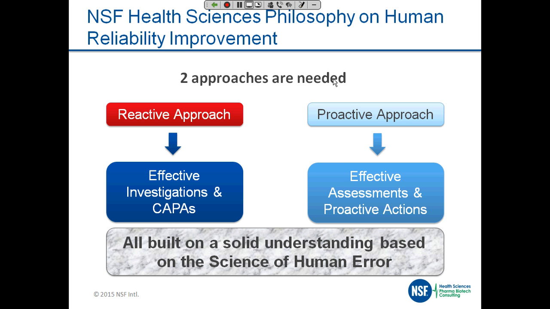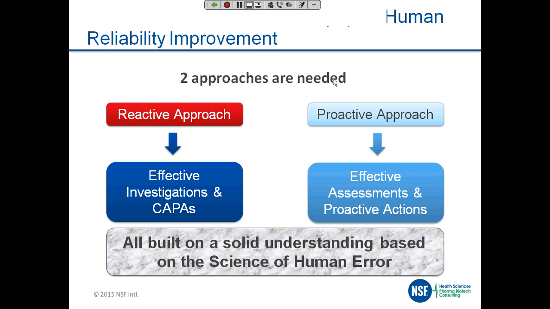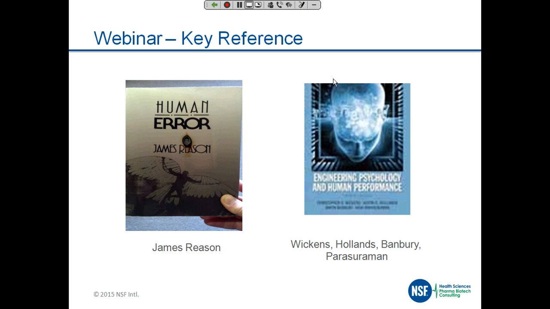What I do want to emphasize is that whatever NSF Health Sciences does in this area, it's built on a pretty thorough understanding, or at least we feel a fairly thorough understanding, of the science of human error. We spent quite a bit of time assuring that it's based on our experience base, but also based on what's out there in the literature and what best practices are being followed to deal with this topic of human error or human reliability.